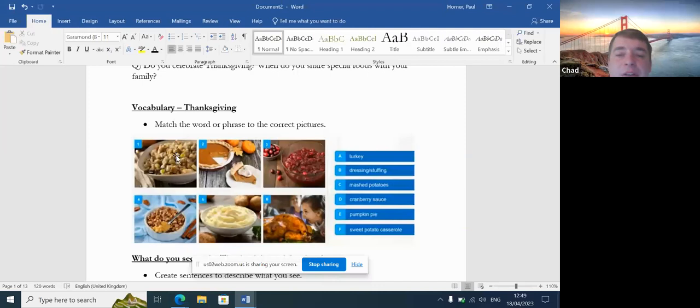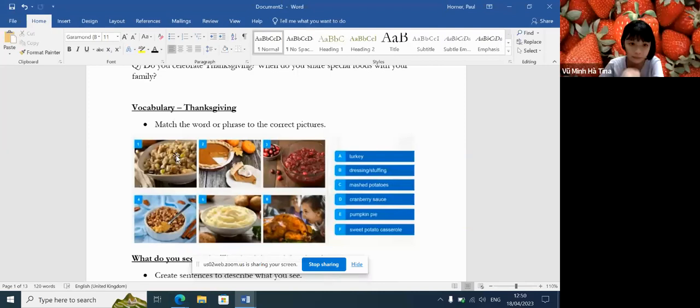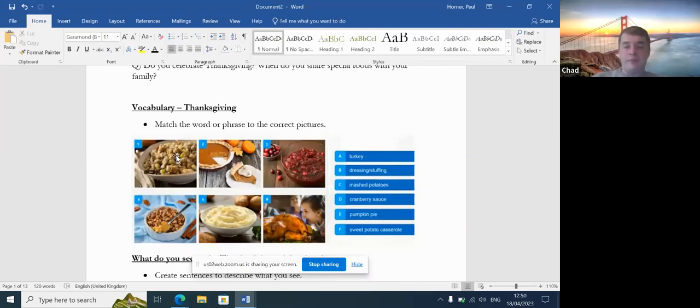That's number 3, cranberry sauce. Yeah. Okay, Tina, pumpkin pie. Pumpkin pie, the second one. Yep, and then picture 4 is sweet potato casserole. Okay. Right.